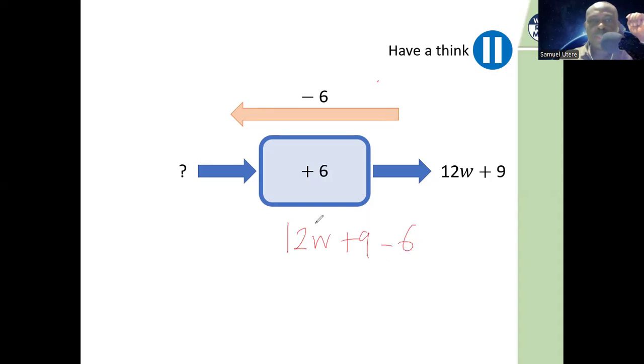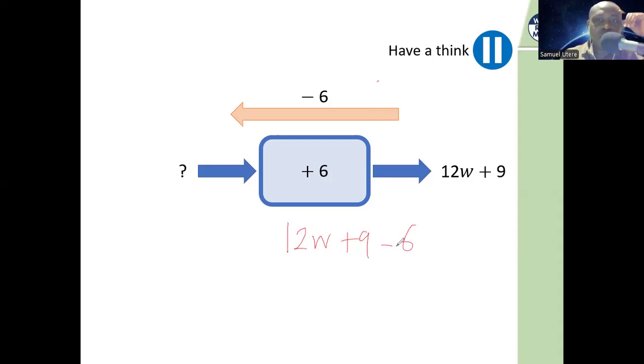If we were to represent this as a bar, this will be the 12w bar. This will be the 9 bar, but we want to take away 6. It only makes sense that we can only take 6 away from the 9 bar. We can't do that from the 12 w's. We don't know what the w's are. It's not an actual number. We don't know what it is.